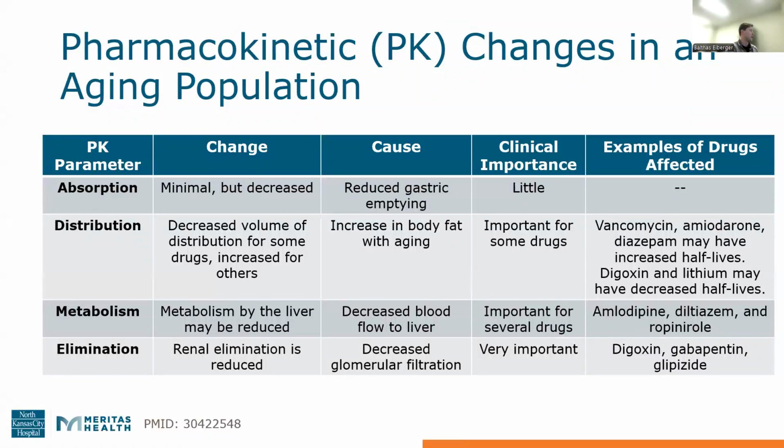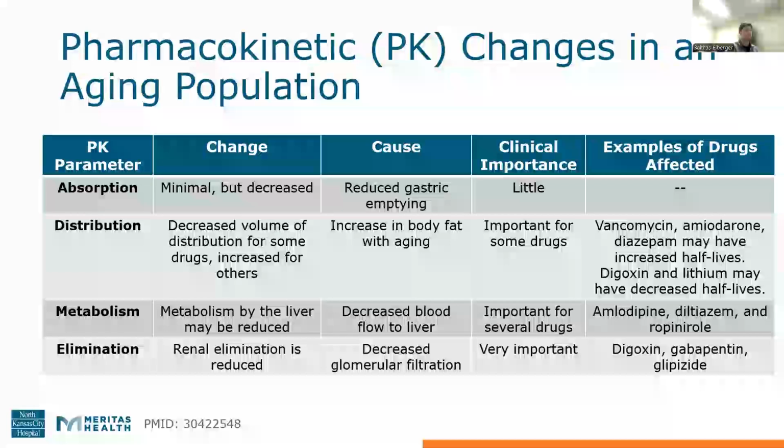The next PK parameter is metabolism. For metabolism, we generally think of the liver as the workhorse here. It's responsible for breaking down those drugs and helping to speed along the process so they can be eliminated from the body.